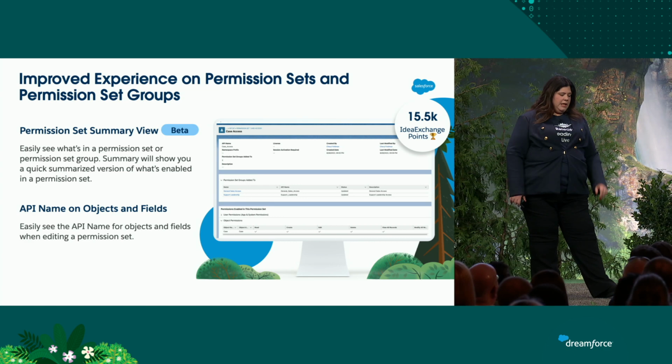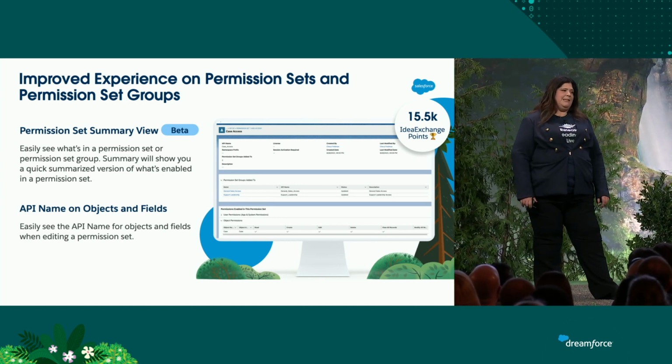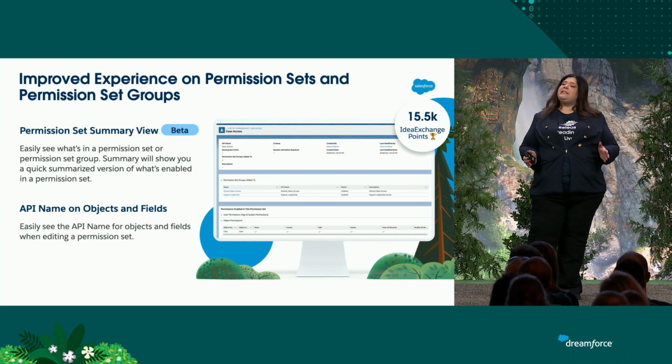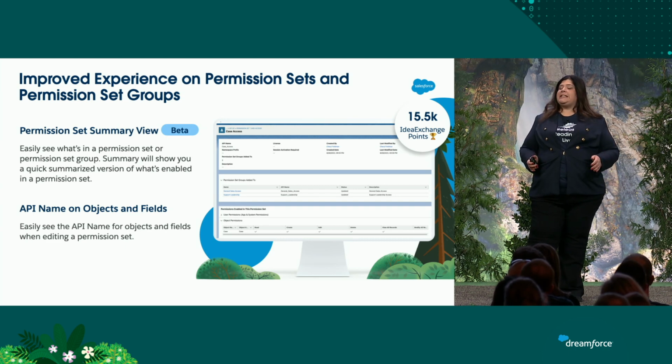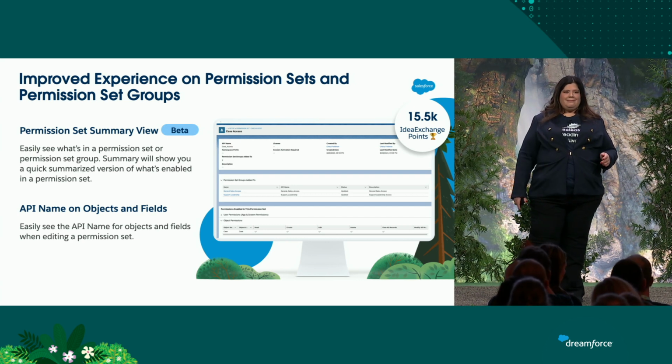I shared the idea. By the end of that week, it had 10,000 points, and now it has 16,000. So I said, we need to rearrange our roadmap a little bit. And I'm excited to announce that in the Winter release, you now have the ability to see a summary review on both permission sets and permission set groups that shows you just what's enabled.